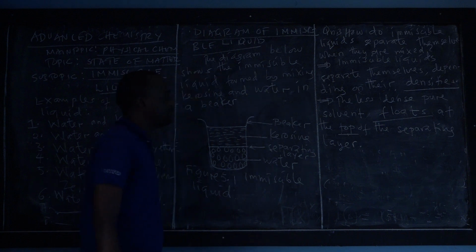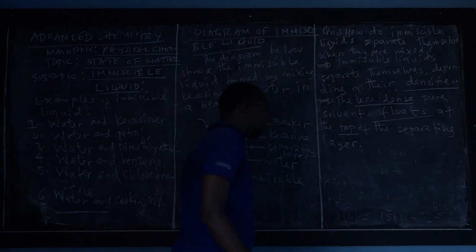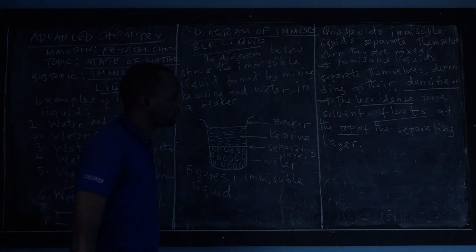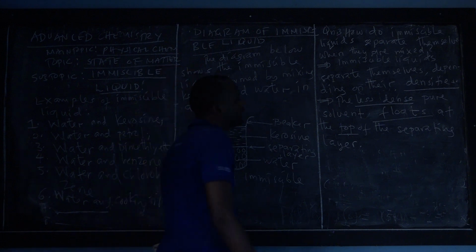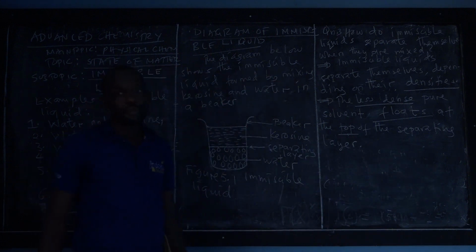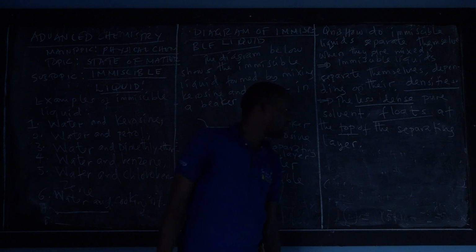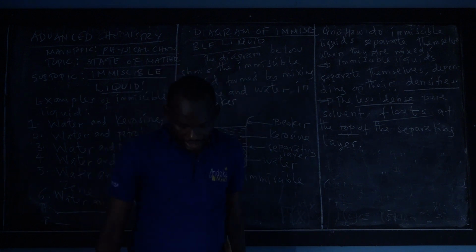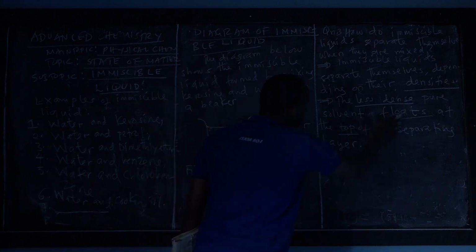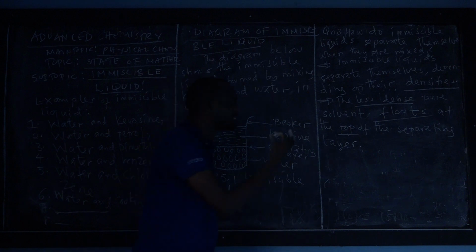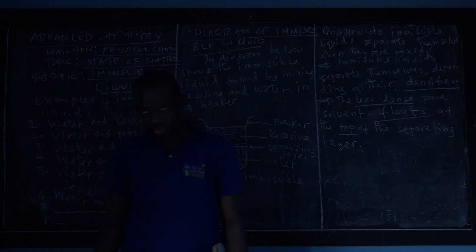The less dense pure solvent, which composes an immiscible mixture with another, higher density solvent, is going to float at the top of the separating layer, regardless of whether you pour it in the beaker or in the mixing equipment. The less dense solvent is always going to float at the top, right?